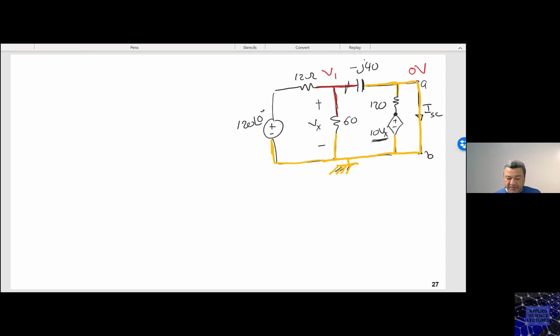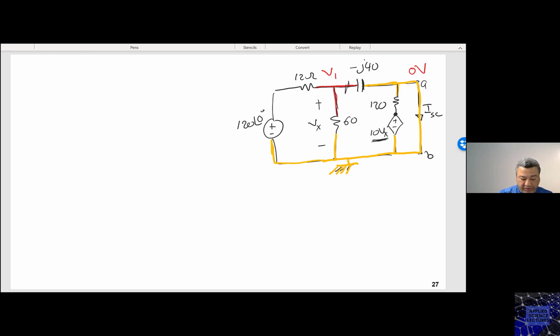So the nodal equation will be V1 minus 120 divided by 12 plus V1 over 60 plus V1 over minus j40 equals 0.